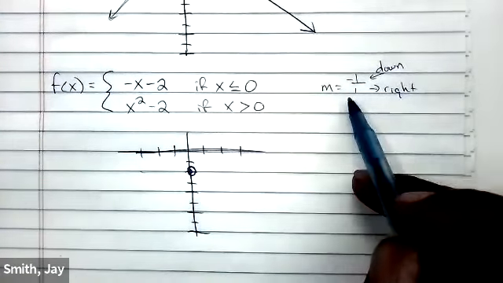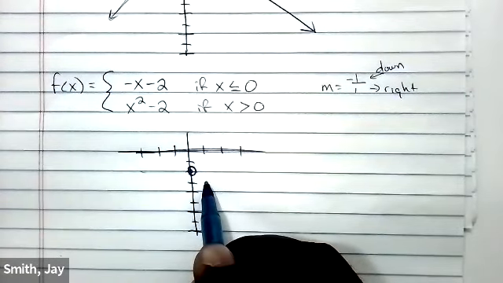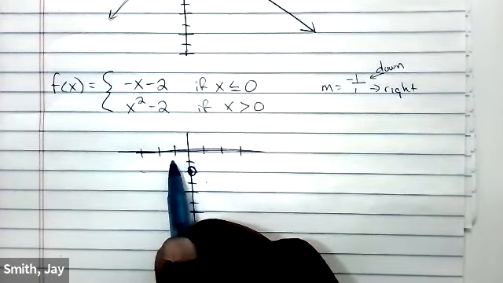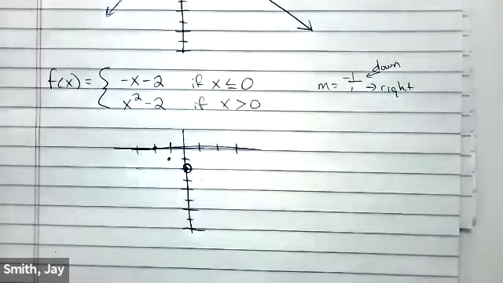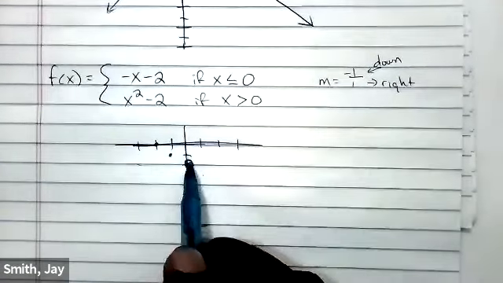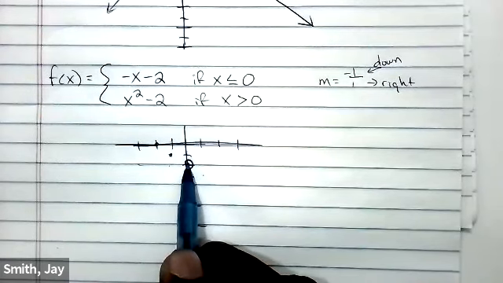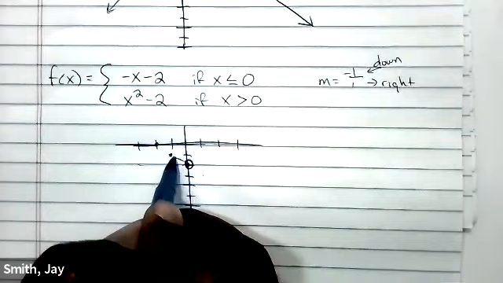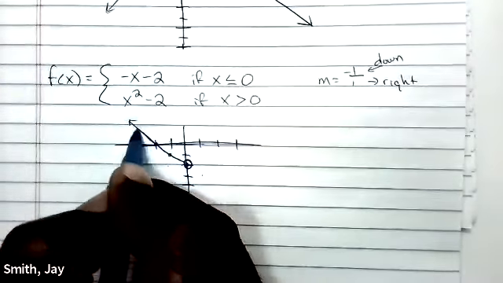Because remember, if we go down and to the right, that next point won't be on this graph because that's obviously greater than 0. Or we can go up 1 and to the left 1, and this gives us some more points on our line. Because if we go up and to the left, that's the same as down and to the right, still on the same line though. This would be the line for the first part of my piecewise defined function.